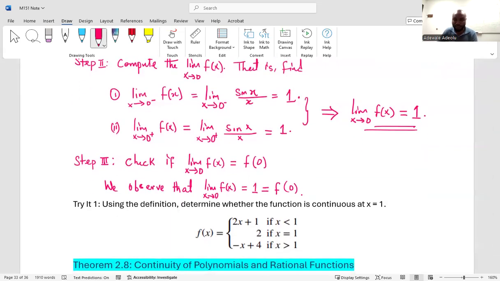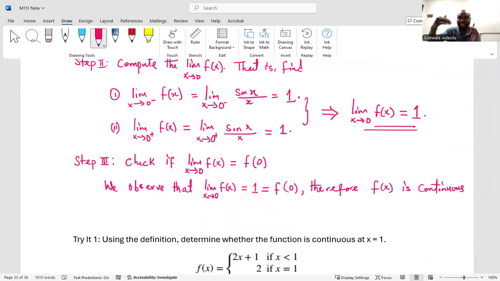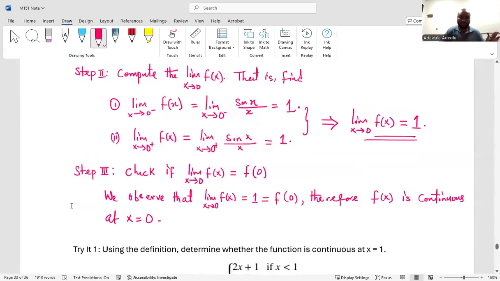So we can claim that, therefore, f of x, that is that function now, is continuous. But not just like that, it's continuous. Where is it continuous? Remember, we only check it for that point. So we say f of x is continuous at x equals 0. So, well written.